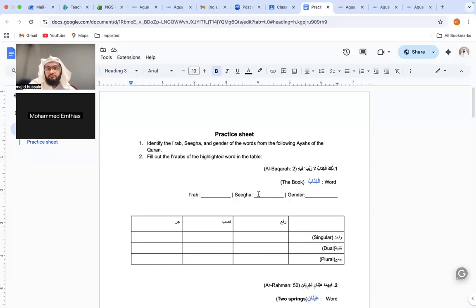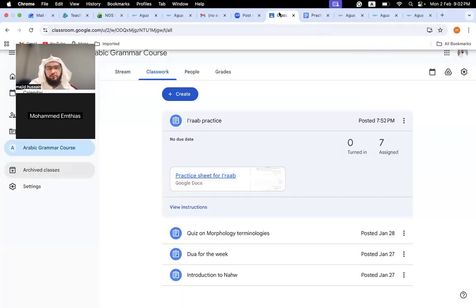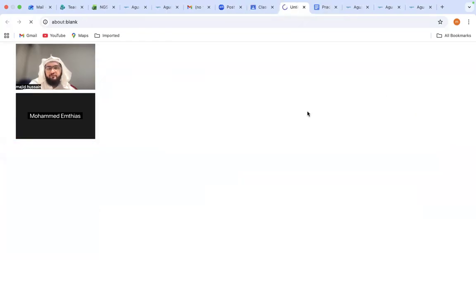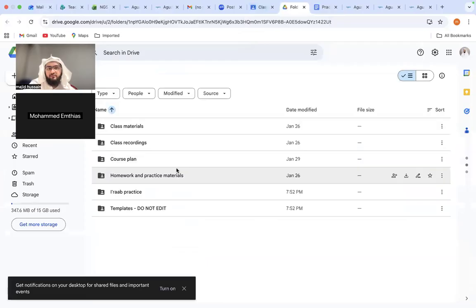I'm not able to open it. Not able to open it? Khair. But do you have access to Google Drive?